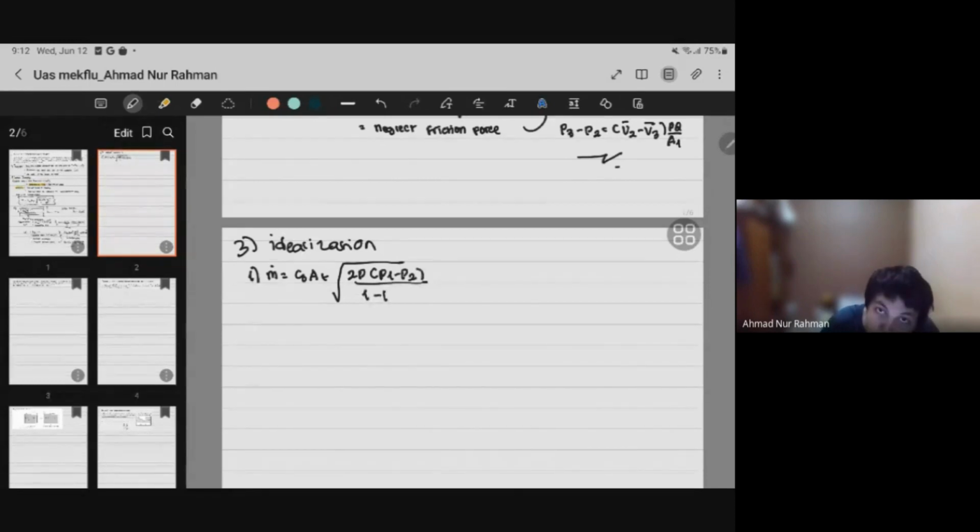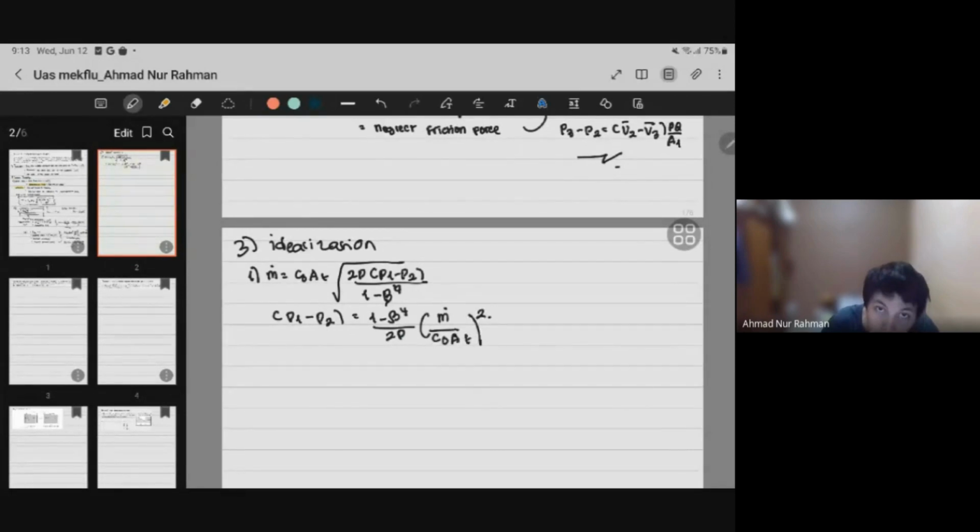What we need is to find P1 minus P2. So P1 minus P2 equals (1 minus beta^4) over 2 rho times (m dot over C_o A_t) squared.